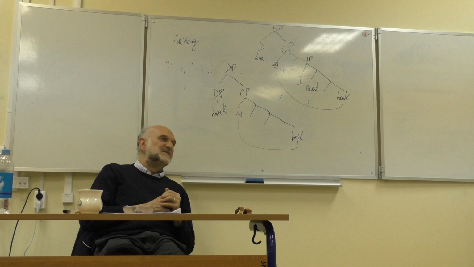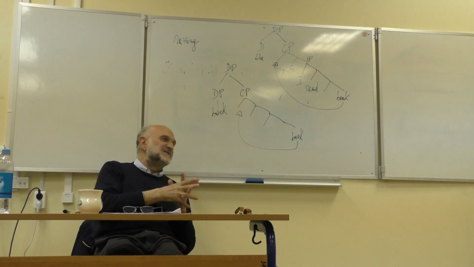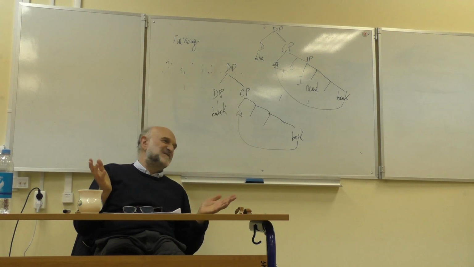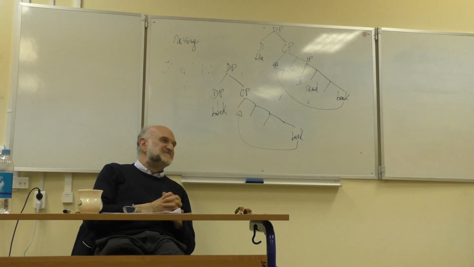Well, I guess you have more or less to look into the facts and see whether there is really a DP or only a CP. Clearly, you cannot have a relative clause there because you would have two heads. That's impossible.